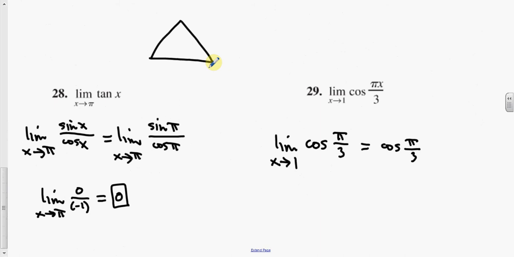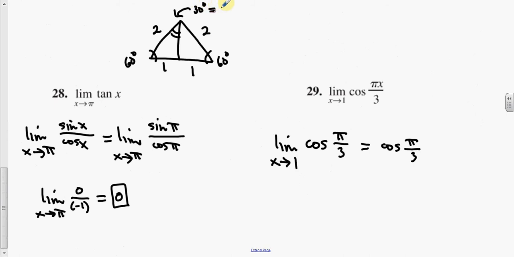Let's take an equilateral triangle with all sides the same. Let's say 2. Let's bisect it, so this is 1 and 1. These are all 60 degrees. And then if we bisect this angle, that becomes 30 degrees there.